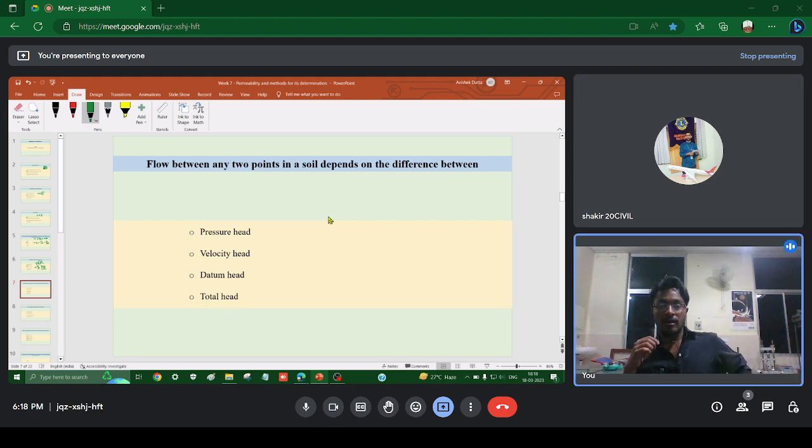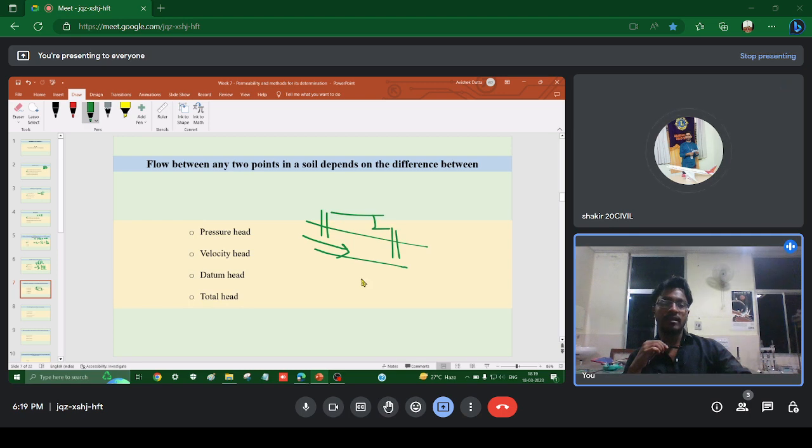Generally the velocity of water in soil is very low, so we generally ignore velocity head. But if we consider even that negligible amount of velocity head, then for a soil sample with flow in this direction and piezometers installed like this, this is the piezometer head or pressure head.